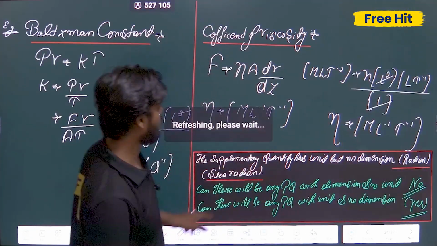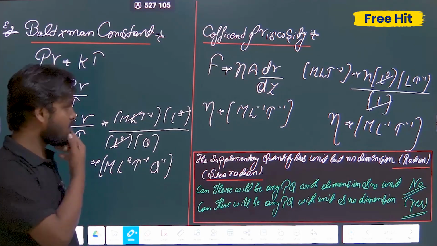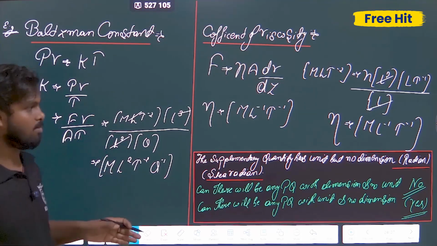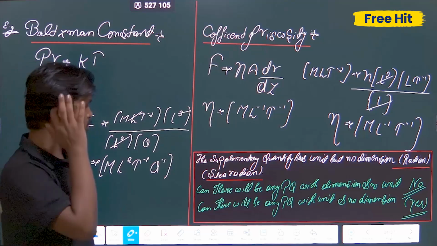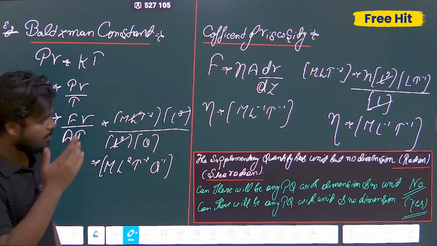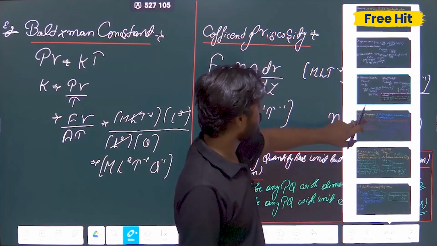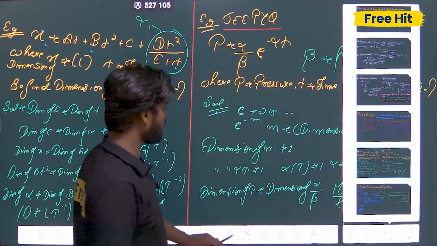As we go further in physics, we will learn all these formulas. In the beginning, don't be afraid, because whenever they ask a question, they will give you the formula, as they also know that you don't know it. After that we saw the principle of homogeneity and solved some questions on it.